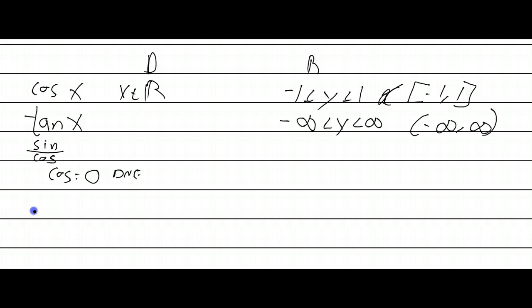So cosine is equal to 0 when the angle is pi over 2 plus k pi, right?